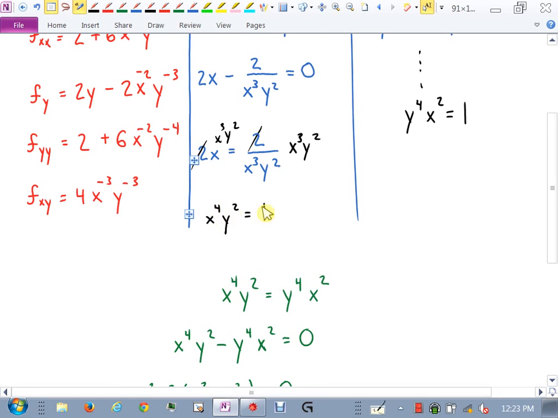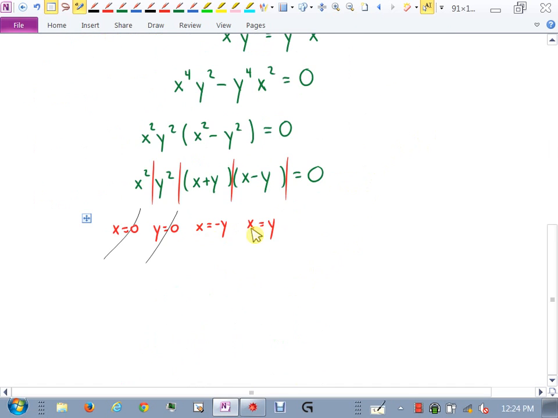Remember, we had a condition up here, didn't we? We couldn't solve this because I have 2 variables in one equation. But now I have a relationship between x and y, don't I? In my 2 solutions, I know that x must be y or x must be negative y. So go back to either one of these equations, doesn't matter which one you use, and plug in these 2 things.